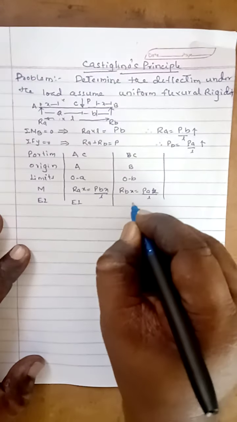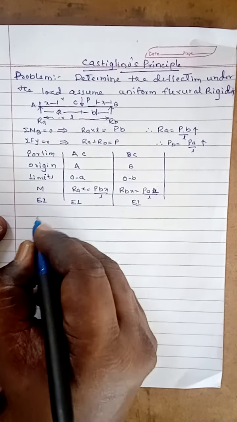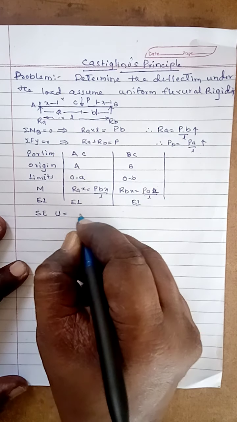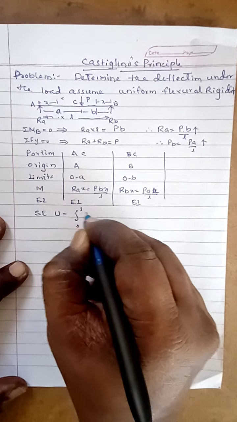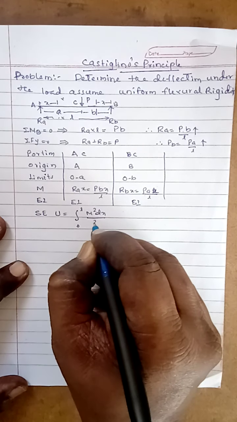After calculation of the bending moments in each portion, the total strain energy U equals the integral over the entire portion of M square dx divided by 2EI.